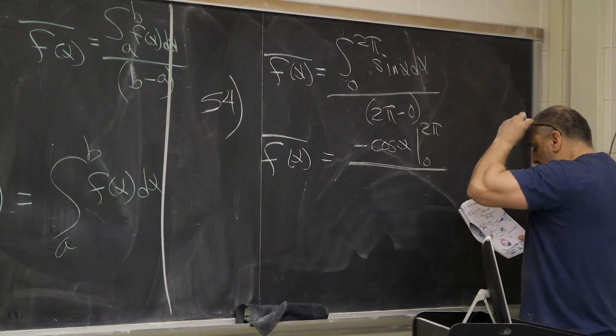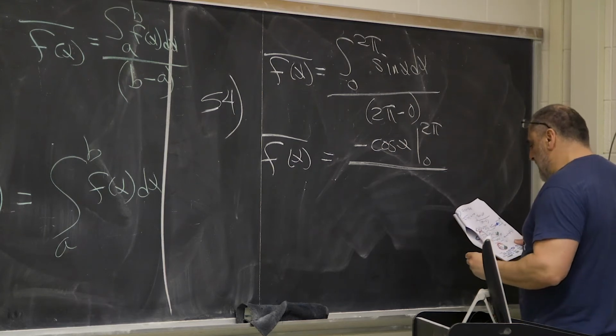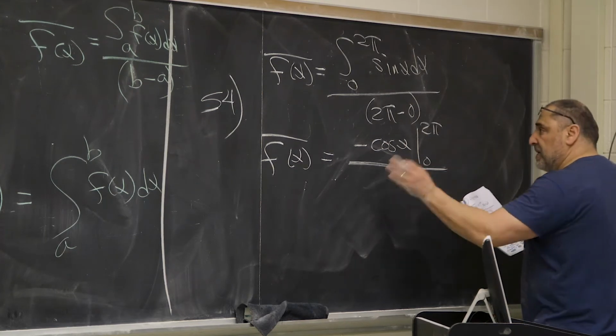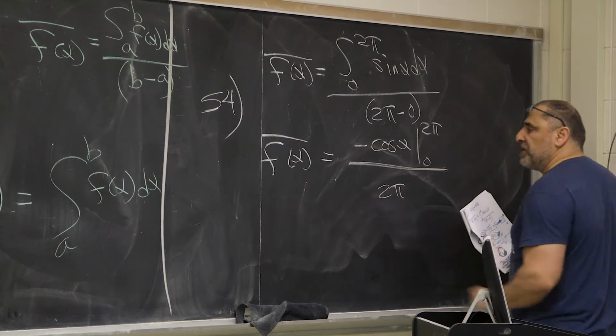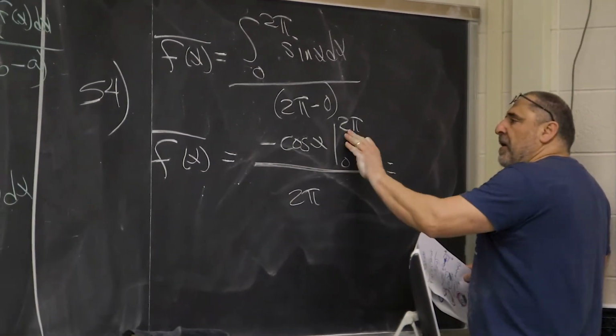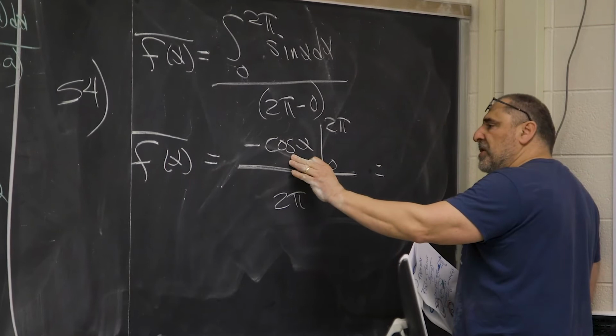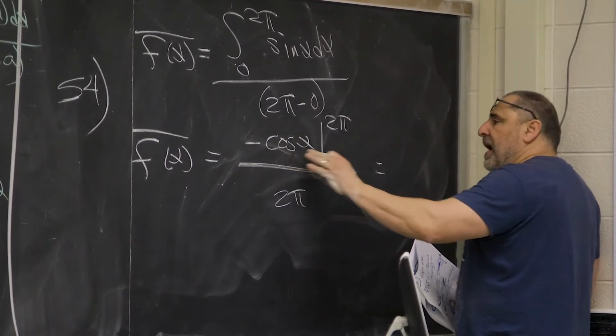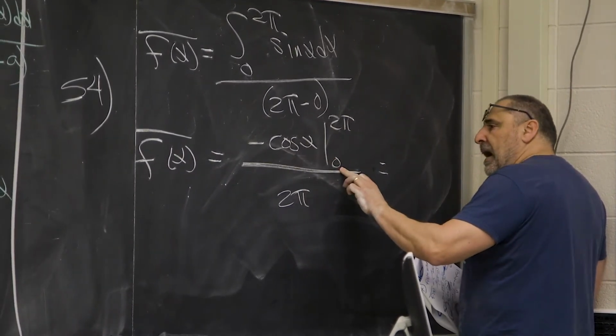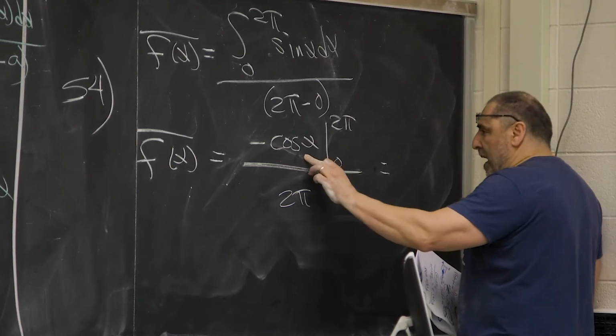And the other one, 2 pi minus 0 is just 2 pi. If you put 2 pi in here for the cosine function, you get 1. If you put 0 in there, you also get 1.